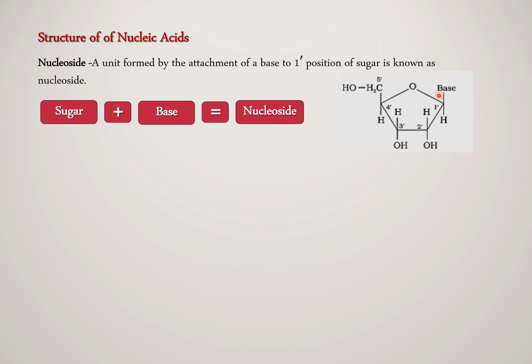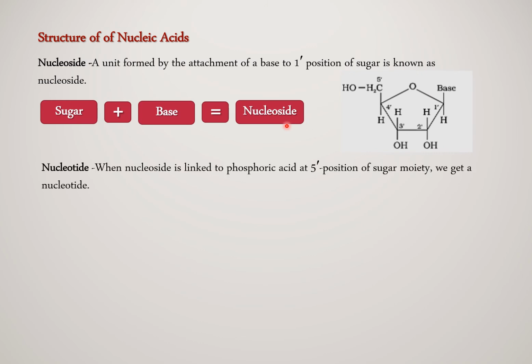The base. What can that base be? The purines or pyrimidines. So therefore, this sugar moiety along with the base together is called as what? The nucleoside.